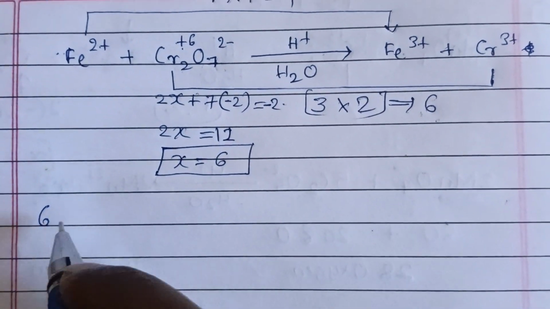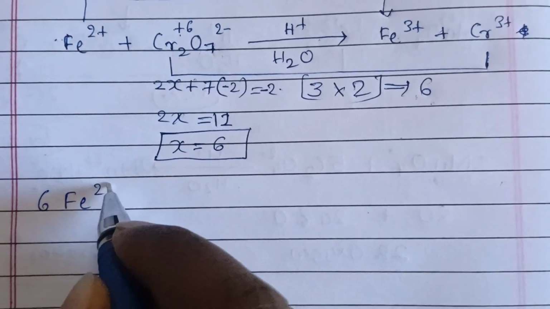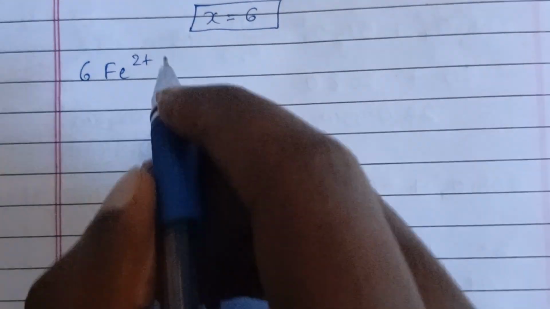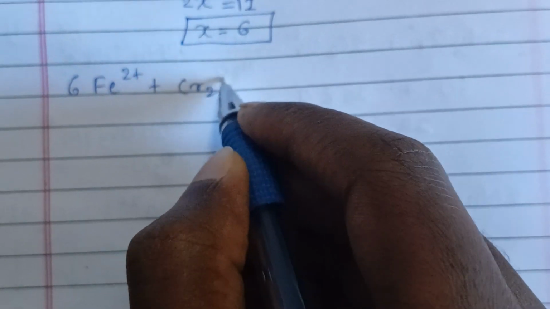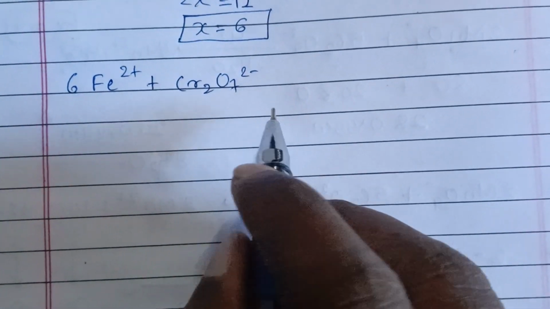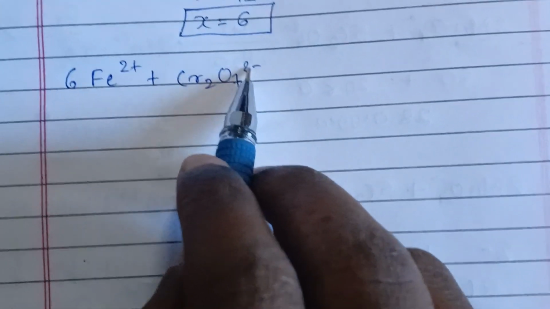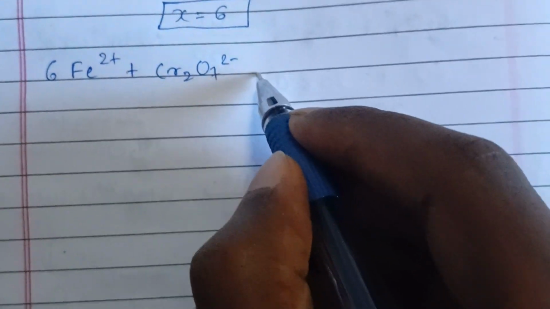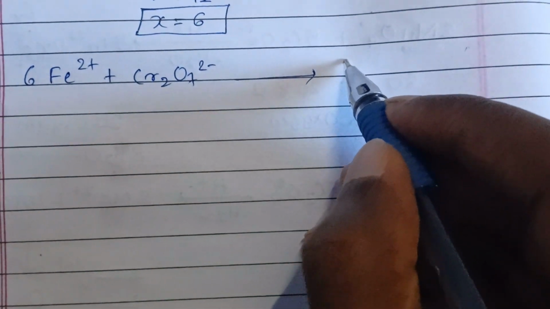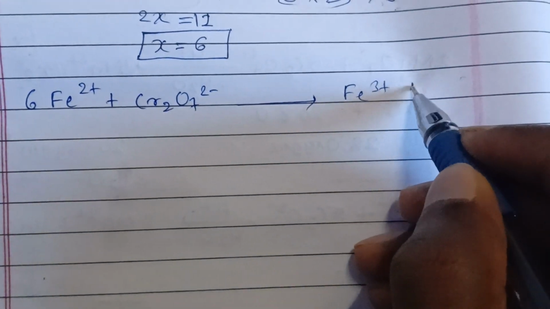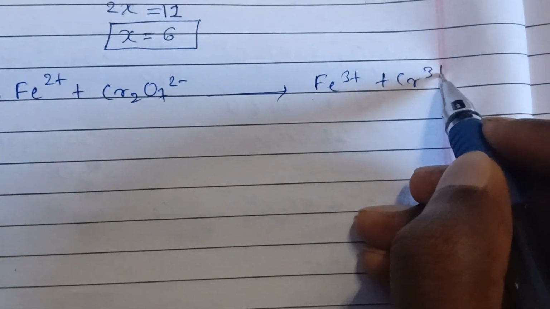So when I cross multiply it, I will get something like this. 6Fe2+, and then I have only one change here, so Cr2O7 2-. At least you have to keep writing the total charge of the compound, okay? That will give you Fe3+ and Cr3+.